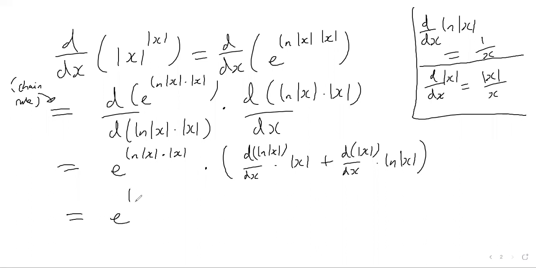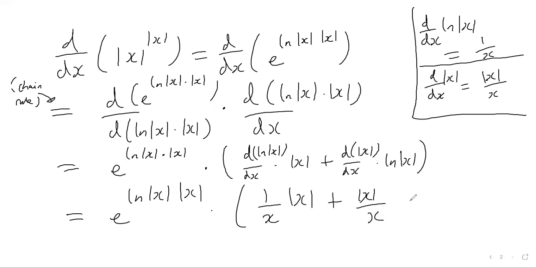So we're going to get e to the ln modulus x multiplied by modulus x, and then multiplied by the derivative of ln of modulus of x, which is 1 over x multiplied by the modulus of x, plus the derivative of the modulus of x, which we know is the modulus of x over x, multiplied by ln of modulus of x. Great.